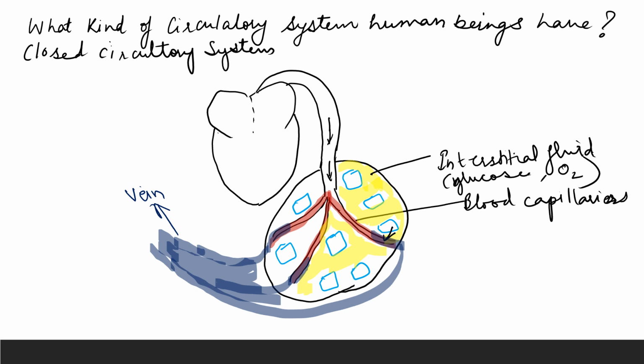Which is not good in the case of a human body, because we have different organs. For example, we have a liver and we have a brain also. If there is no flow in the blood, how is it possible for the heart to transport all those nutrients through the blood to our brain? This is impossible, because we have a heart and our head is at the top, so blood needs some kind of pressure to reach the brain.